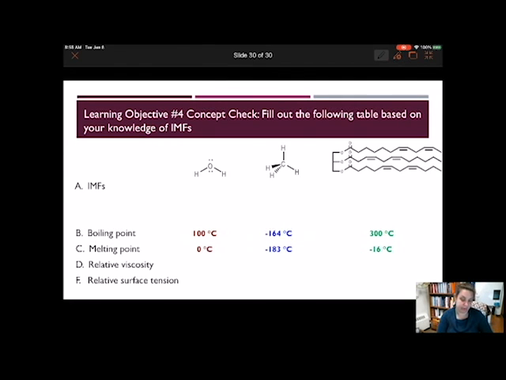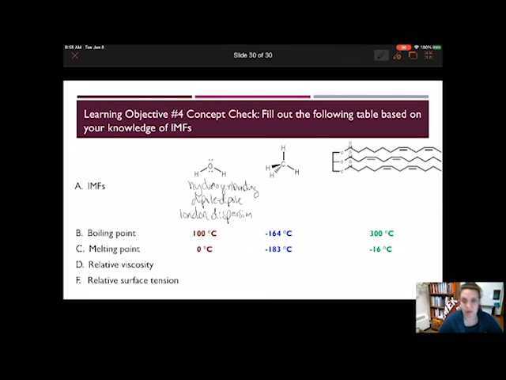So let's look at the intermolecular forces that exist within water. We have, of course, hydrogen bonding. That's going to be the dominant one, but it's not the only one, right? We also have dipole-dipole and London dispersion, specifically induced dipole, as those do exist within all molecules.